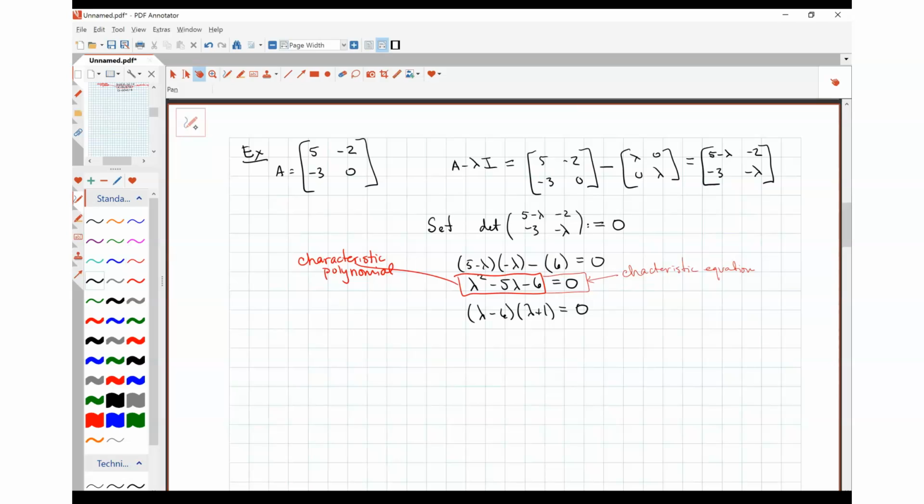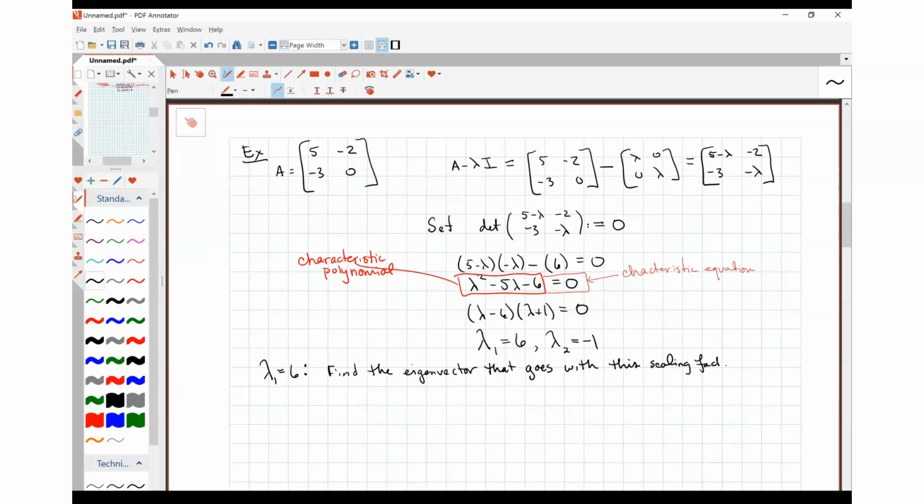So now that we have found our eigenvalues, lambda 1 is 6, and the other one is negative 1. And now we can find the associated eigenvectors. Right? So for lambda 1 equals 6, we want to find the eigendirection that goes with this scaling factor of 6.